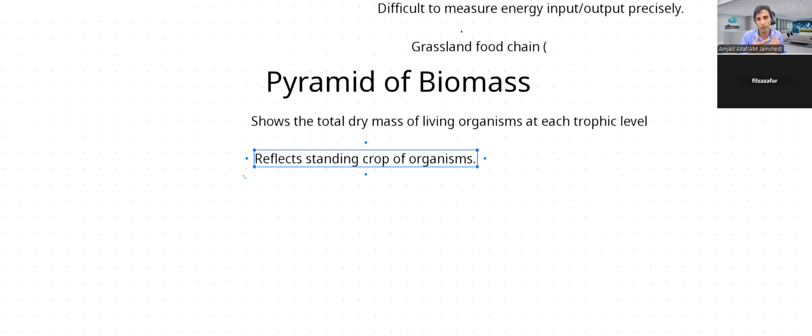If you have a cow of 50 kg or 80 kg, and on the other hand a goat of just 20 or 30 kg, but you are giving the same amount of energy to both of them, we will prefer the dairy farm with cows, because they will give us a better amount of biomass. So that's the pyramid of biomass, and this is what it reflects: the standing crop of organisms.